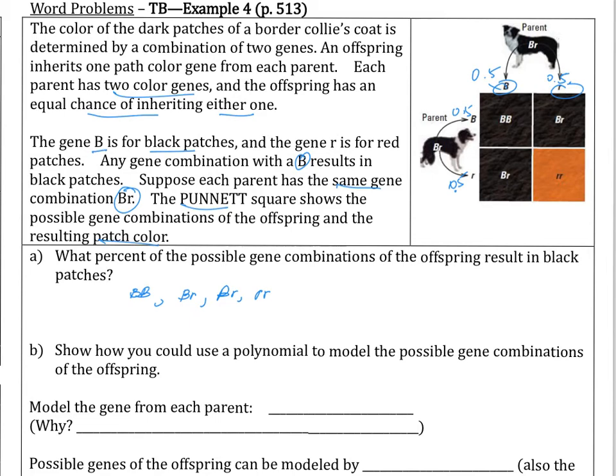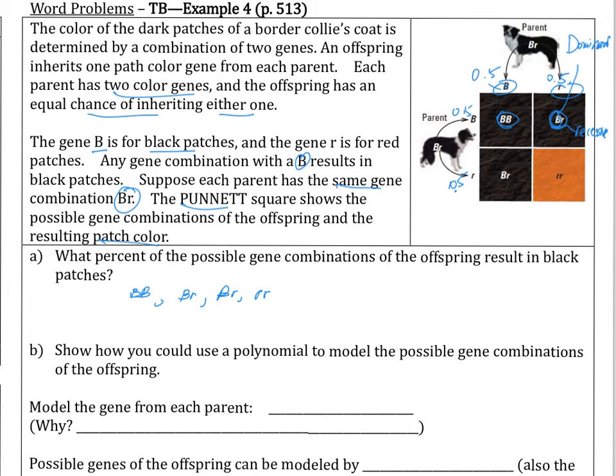So if we look at this Punnett square here, this offspring will definitely get a black color, okay? And the big B and the little r, this offspring will also get a black color because the big B is actually what we call the dominant gene. It will cover up the recessive gene, the little r, meaning the color is hidden.